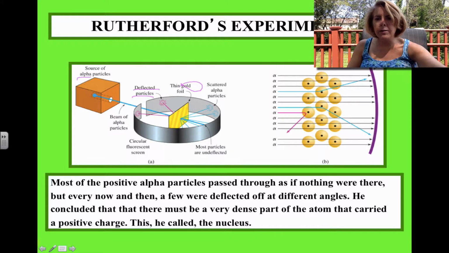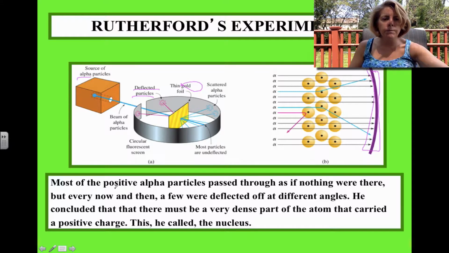Actually, what he saw on this side here was a lot of alpha particles, essentially captured by the screen that they put around the gold foil. Occasionally he would see a deflected particle. And what he did not know is these alpha particles came in contact with the nucleus and were deflected by the nucleus.